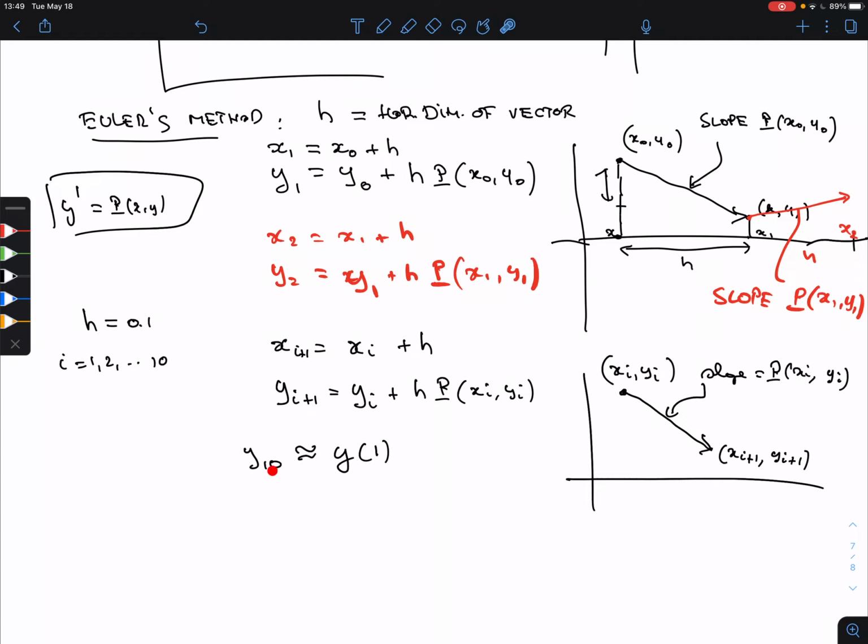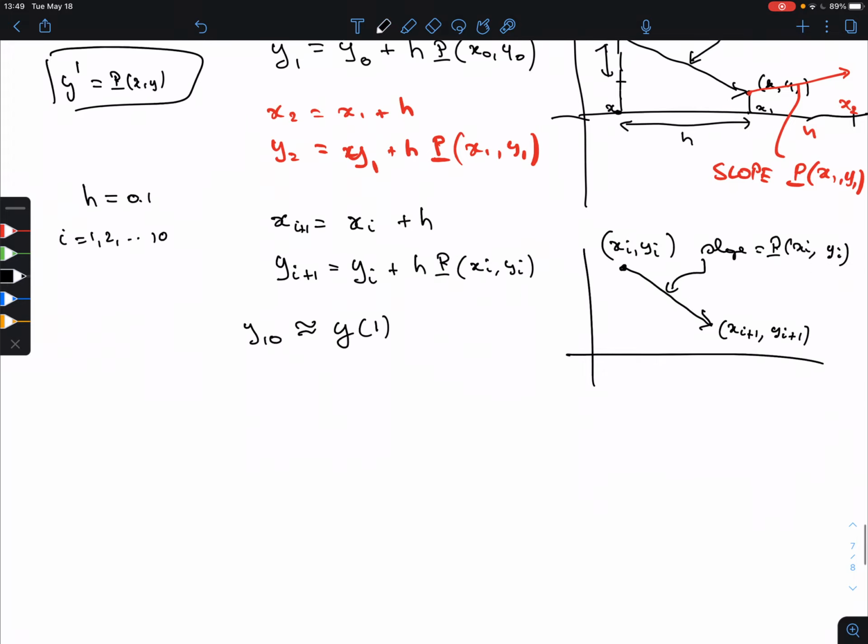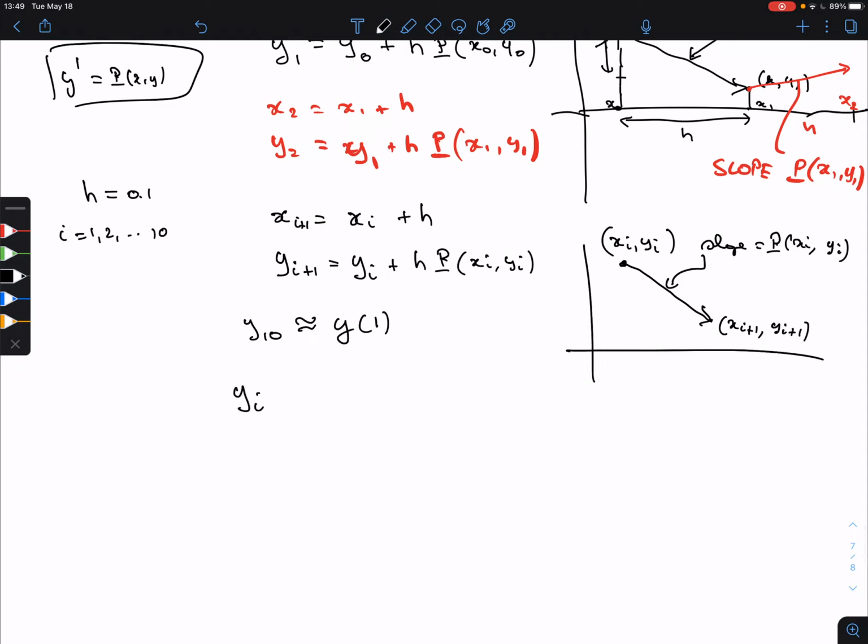So after 10 increments, I was at 1. Okay? So in general, y_i would be the same as y at x0 plus i increments, which is, by the way, just x_i. That's what we called x_i.